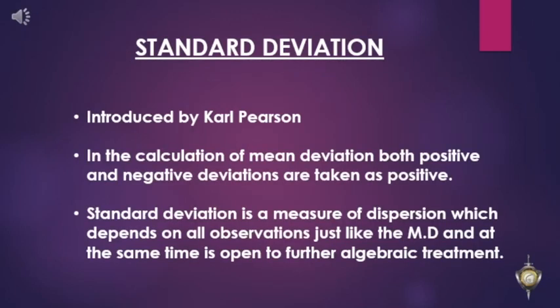The concept of standard deviation was introduced by Karl Pearson. We know that in the calculation of mean deviation, both positive and negative deviations are taken as positive. But standard deviation is a measure of dispersion which depends on all the observations just like the mean deviation and at the same time is open for further algebraic treatment.